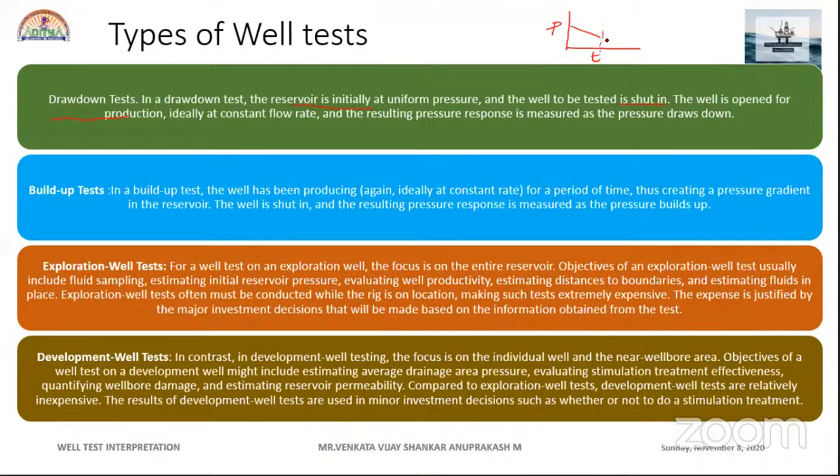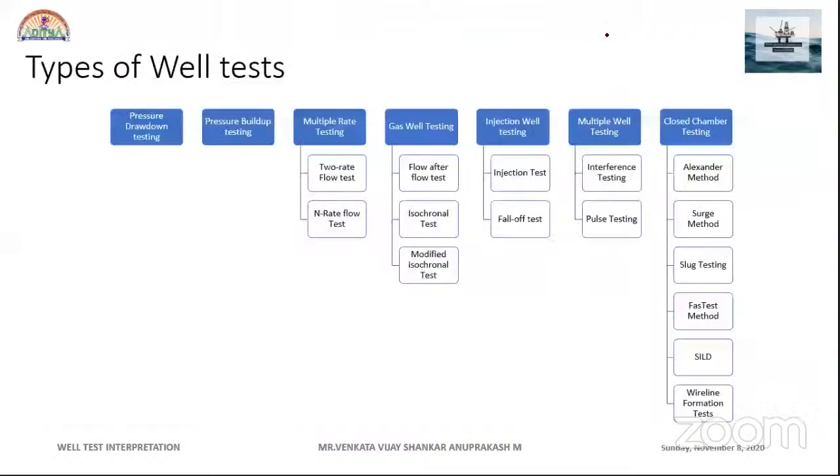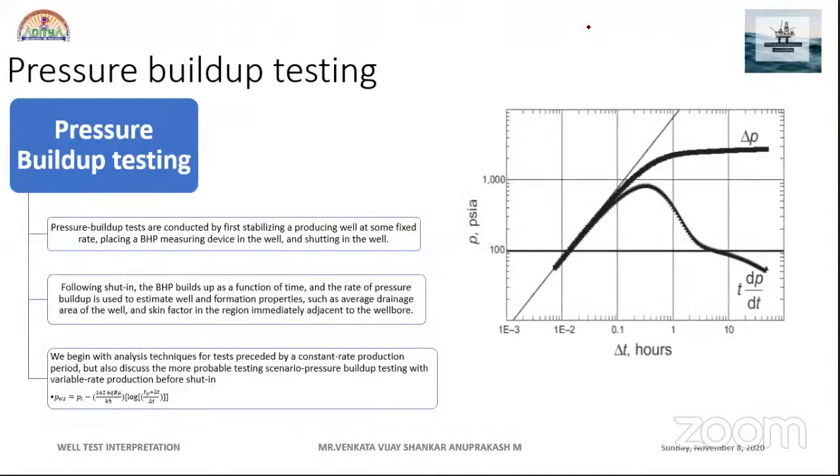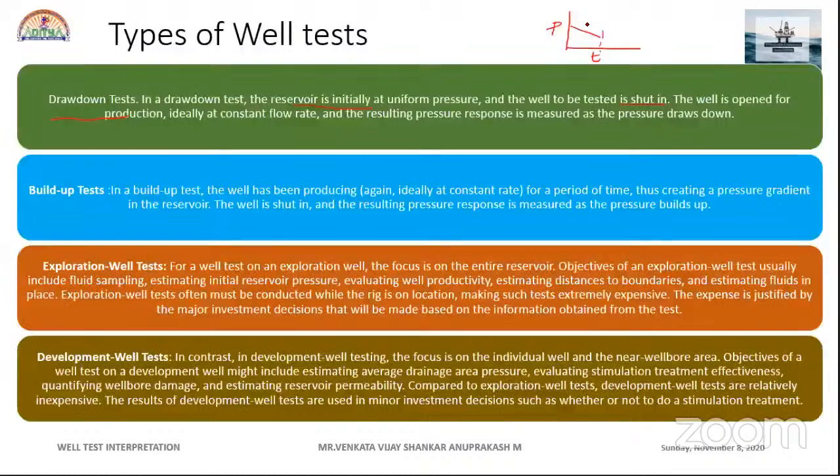Suddenly you shut in, and after that it will try to increase to a certain level. The well is opened for production, ideally at a constant rate. The resulting pressure response is measured as the pressure draws down.